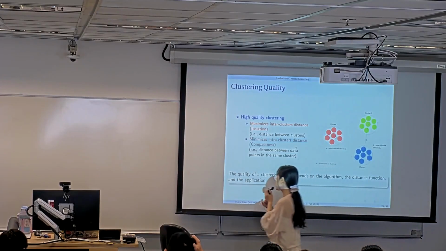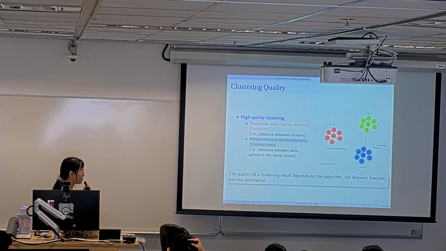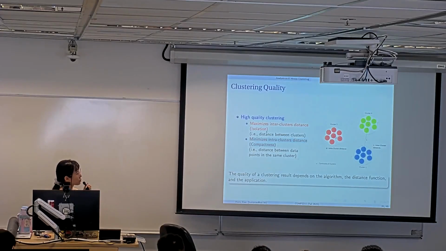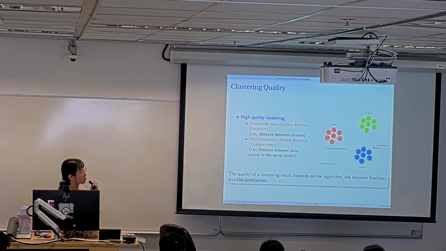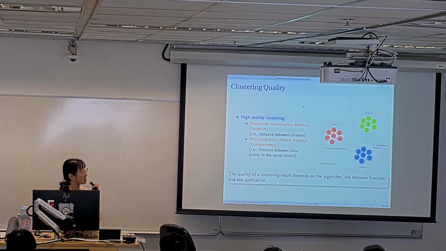Note that usually the quality of a clustering result depends on the algorithm itself, and also on the distance function, because when we try to maximize or minimize these distances, it depends on which distance function we selected. It also depends on the application, that is, in which scenario you want to apply your clustering tool. So these are the clustering quality standards.